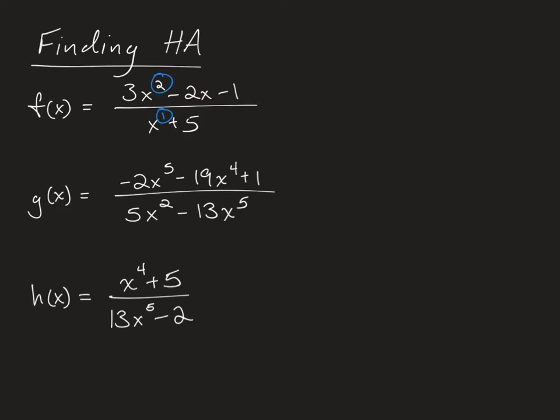So those are the degrees. The degree in the numerator is bigger than the degree in the denominator. I would say this is top heavy, and that means no horizontal asymptote. Pretty simple.